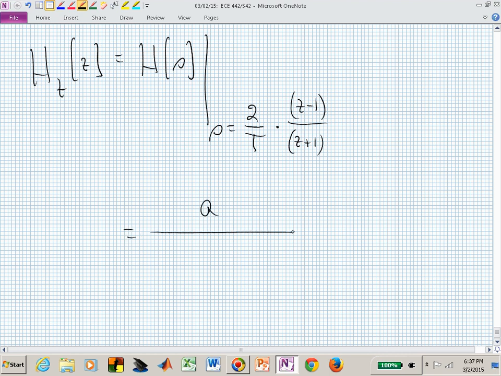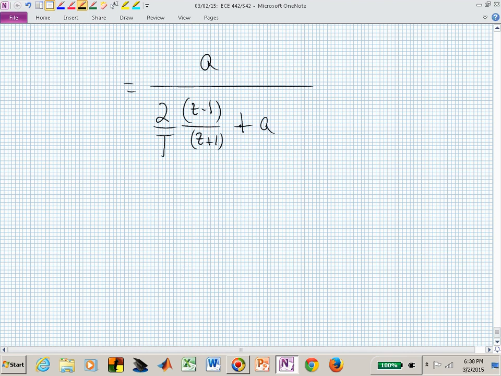Now we have a over s, which is replaced with 2 over capital T, z minus 1 over z plus 1, times 1 plus a. It's getting late. And we can clean that up if we want.